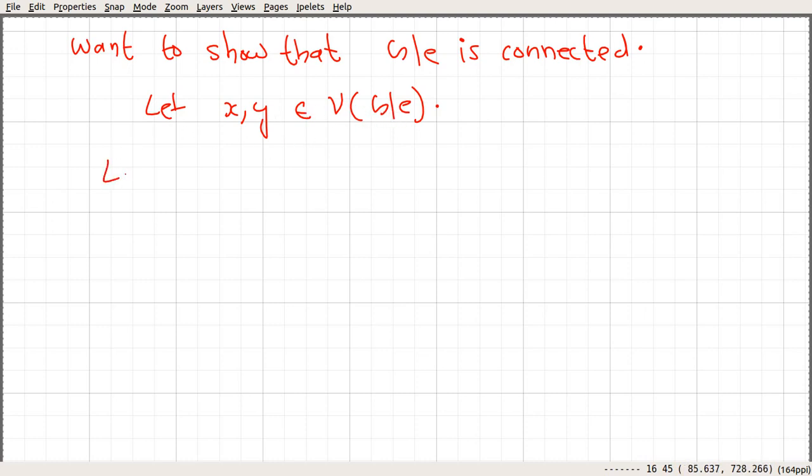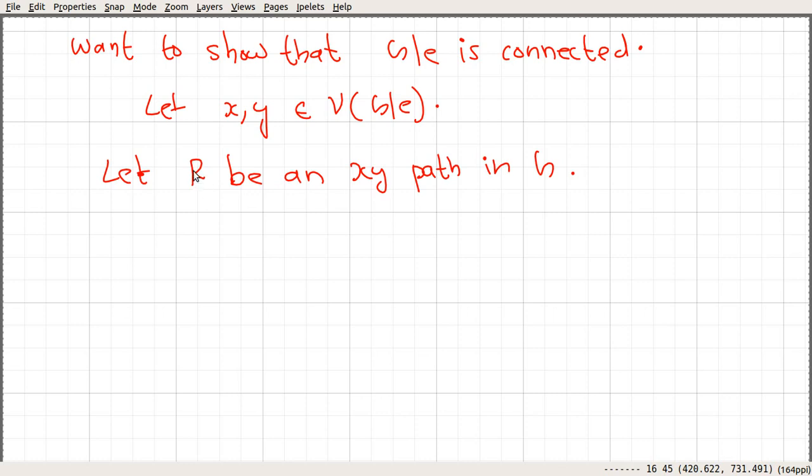So let R be an xy path in our original graph G. The graph G is connected, so there will be a path between any two vertices in G. So there does exist an xy path in G, and let's call that path R.